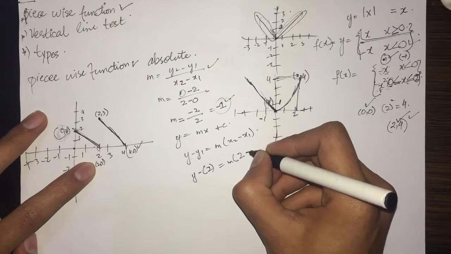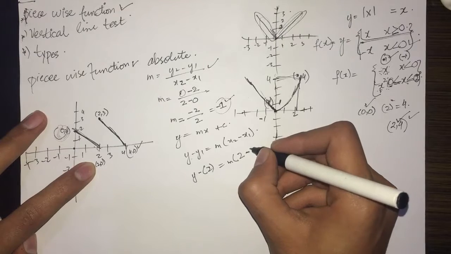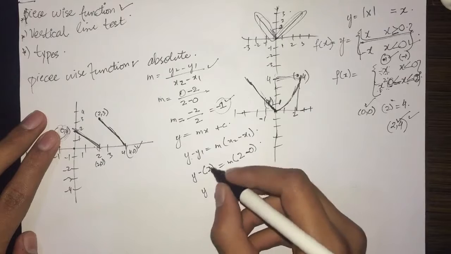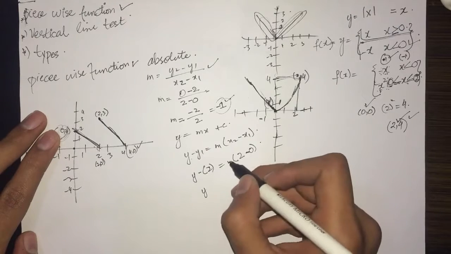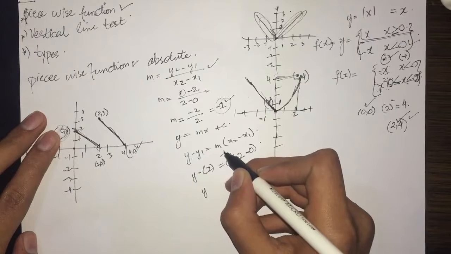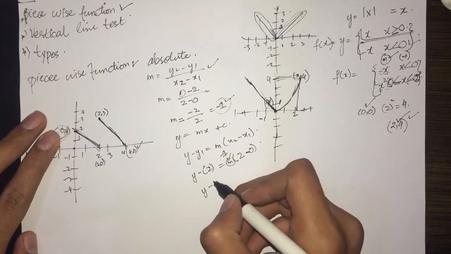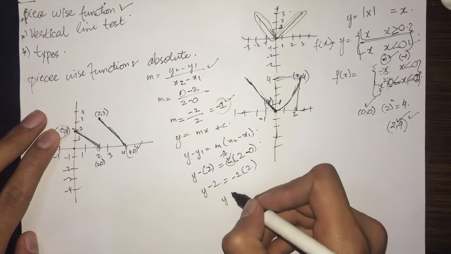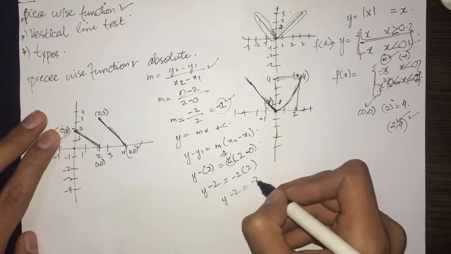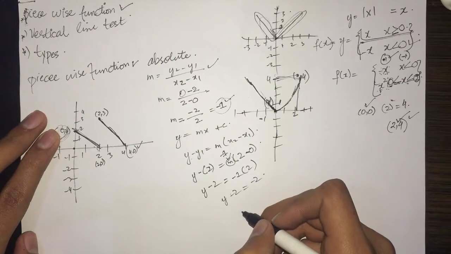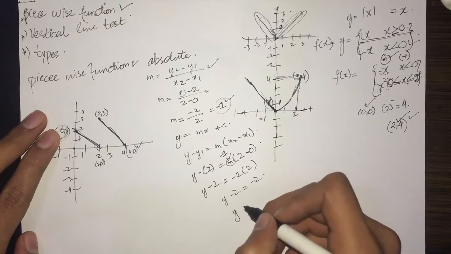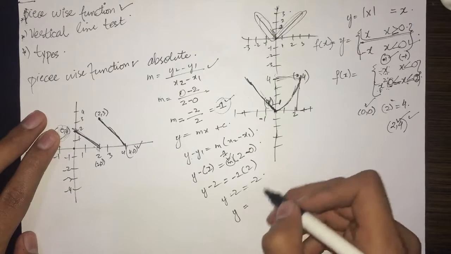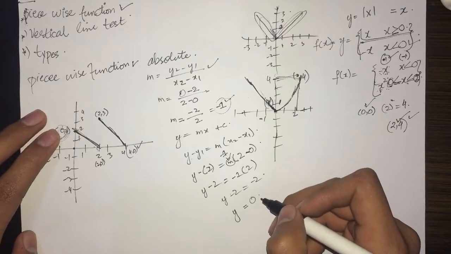So y minus 2 equals minus 1 into 2. That gives me y minus 2 equals minus 2, and that gives me y equals minus 2 plus 2. That gives me y equals 0.